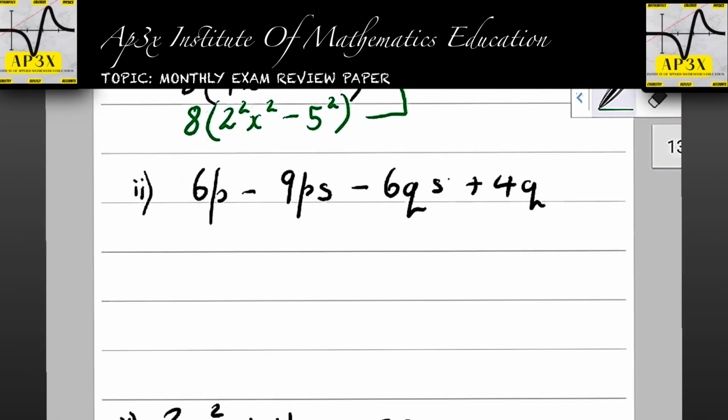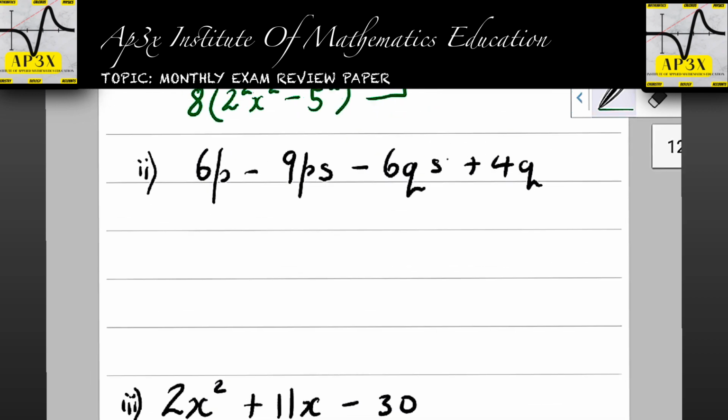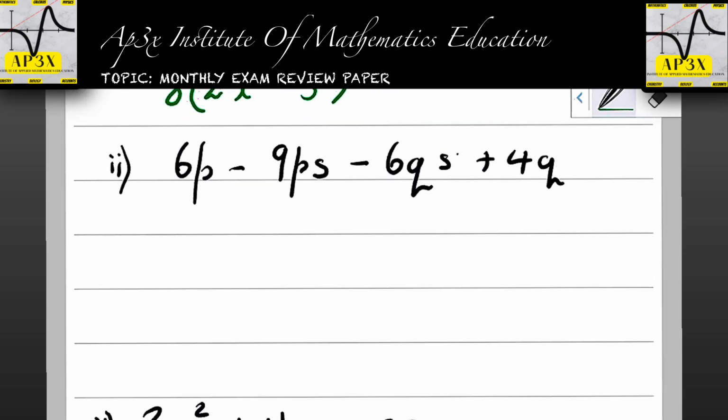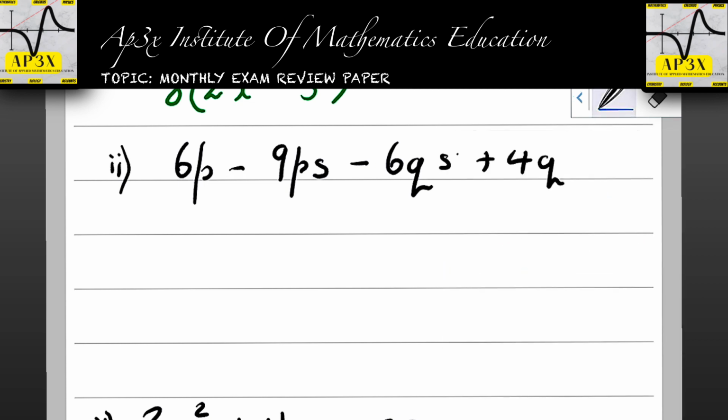Now if we scroll on down to factorization number 2, this is a very familiar situation. This is factorization by grouping. With factorization by grouping, what we're looking for is trying to get the terms in pairs of 2. But when we are grouping them, we have to ensure that we either group them by coefficients or by a specific variable.